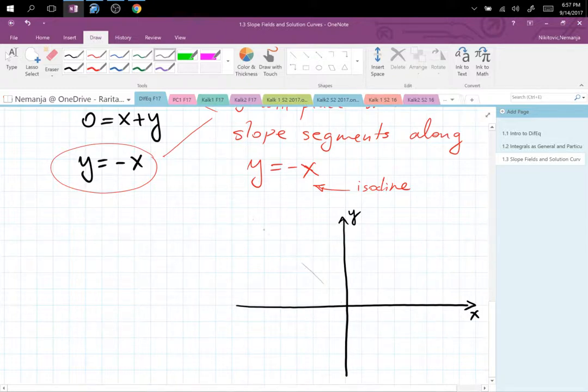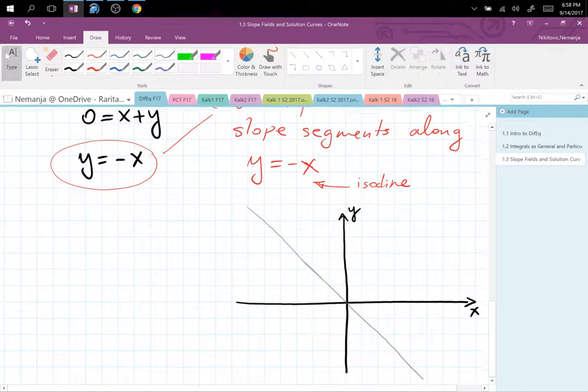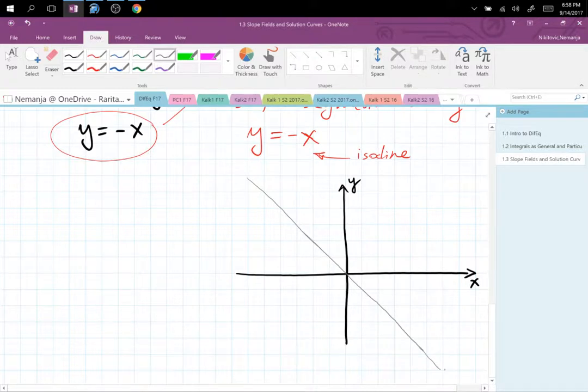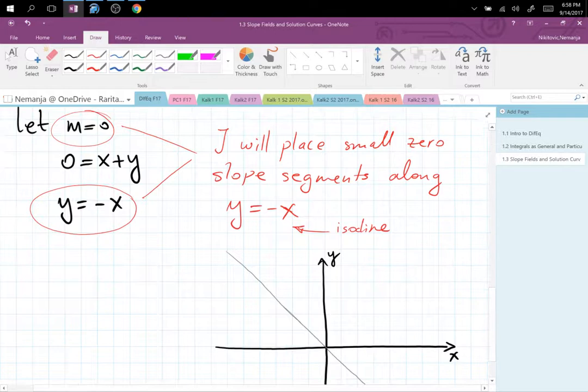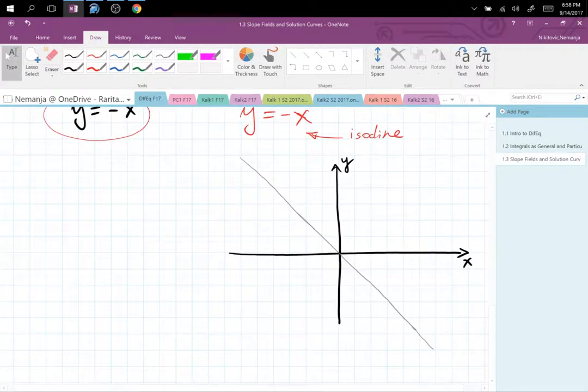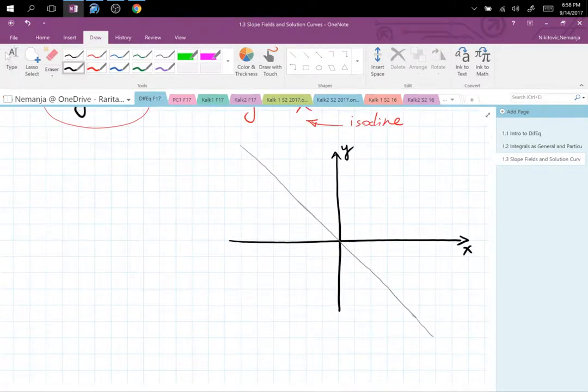So it's -x, so it's this one. So this is a light gray line. It's the isocline. And along this line in regular ink, I'm going to put horizontal 0 slope segments. Put them anywhere. But don't go crazy. Don't put too many.